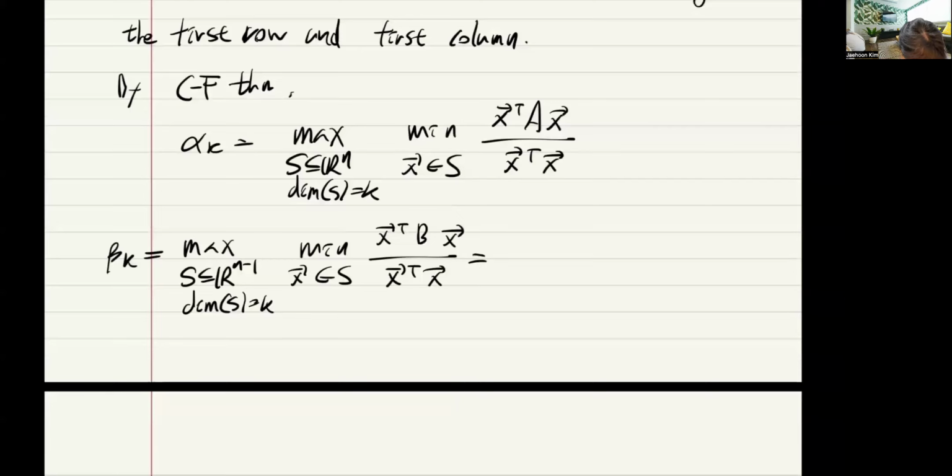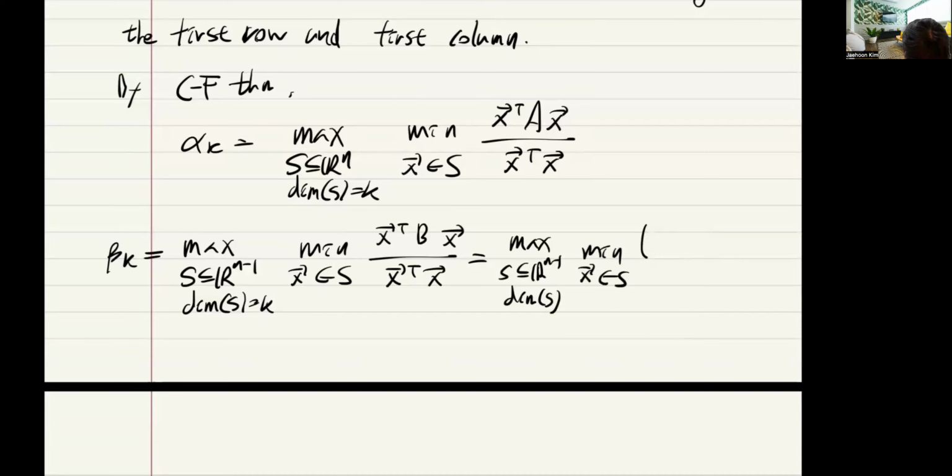But what does it become? You do the same thing, but this B is simply what you get by deleting the first column and first row of A. So you write down a row vector.